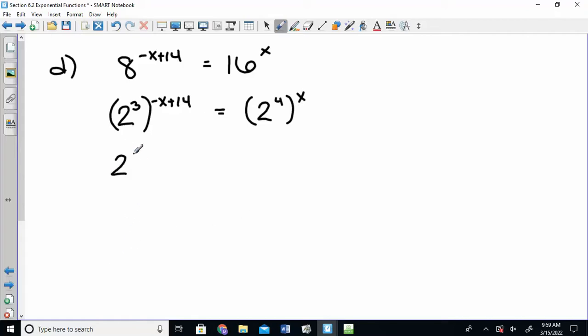So then if we distribute, we get 2 to the -3x plus 42 equals 2 to the 4x.